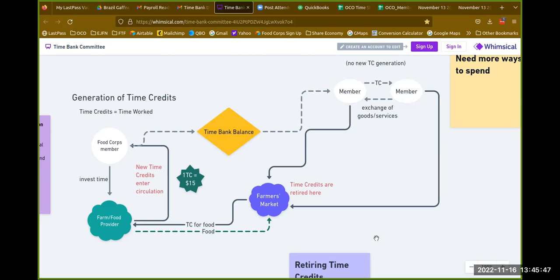Right now, in the back of my mind, I'm quietly panicking because I see how much Fish Tree is in time debt to the Food Corps. It's over 300 time credits now. And no way is my food production capacity enough in any single season to meet that demand if the Food Corps starts coming to me to spend their time credits.